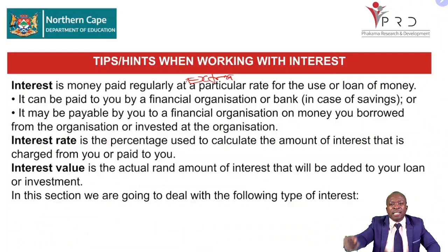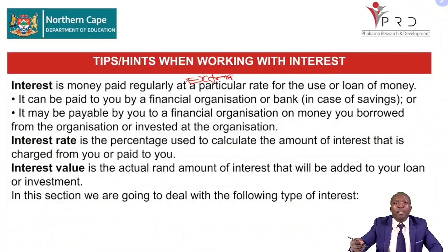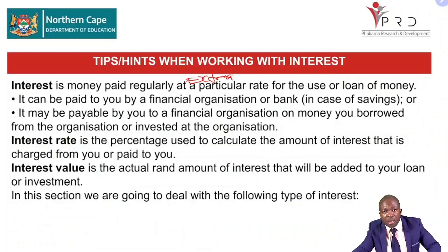Interest is what? The extra money that you pay for using somebody else's money, or the extra money that you receive from an investment. When you write this one, there is no examiner who is going to mark you wrong because they get the idea of the keyword extra. Interest is the extra money that you receive or you pay.